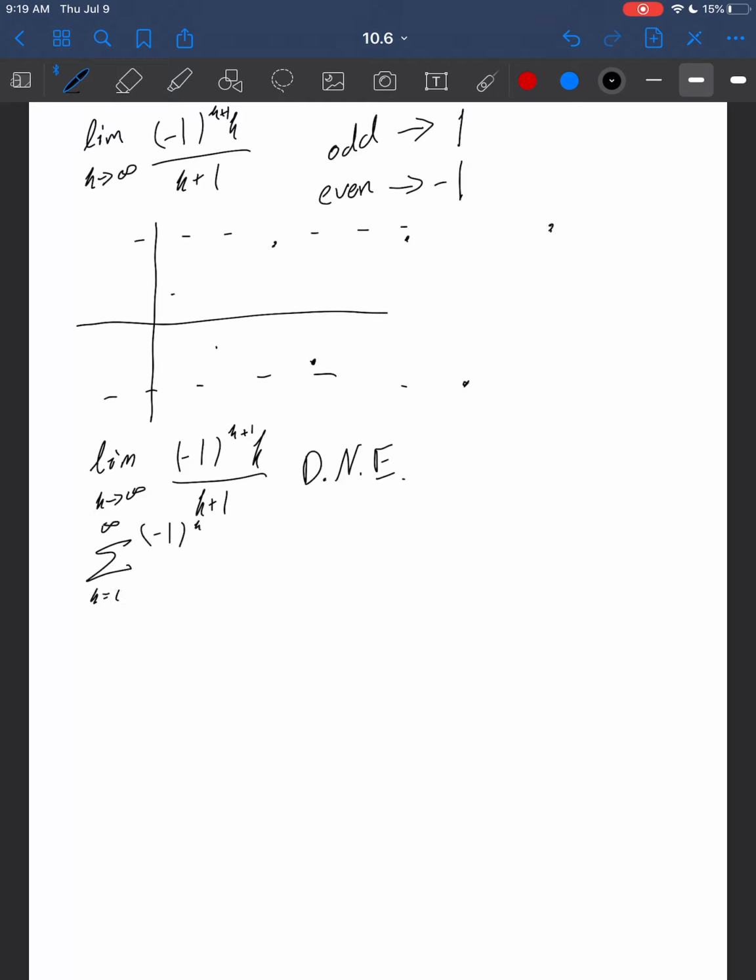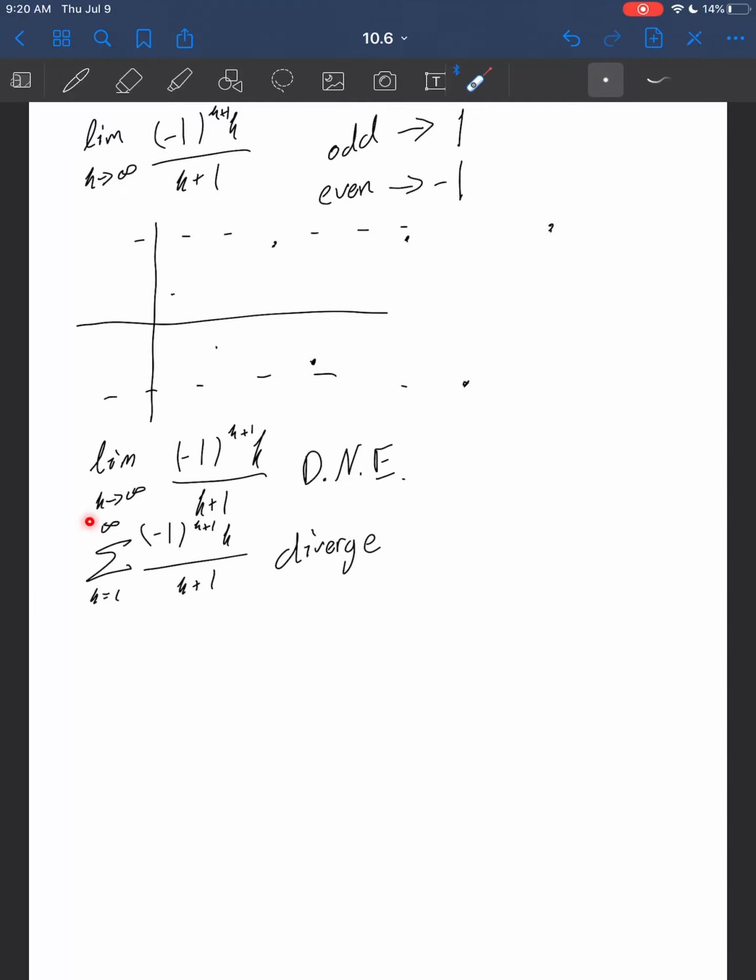So because the limit does not exist, this series from k equals 1 to infinity is going to diverge by the divergence test. The divergence test doesn't necessarily need the limit to be some number. As long as this limit is not equal to 0, the series is going to diverge.